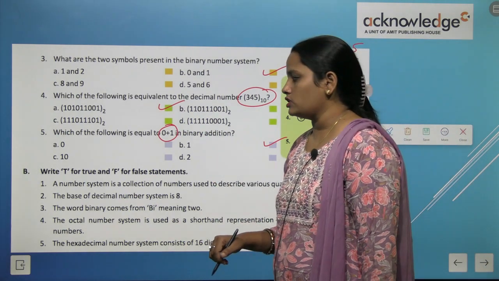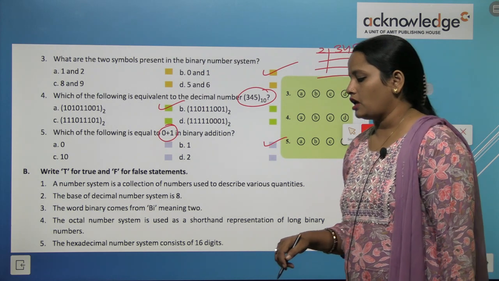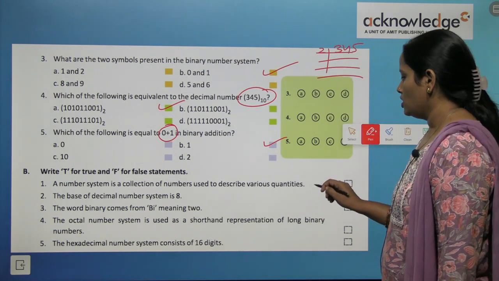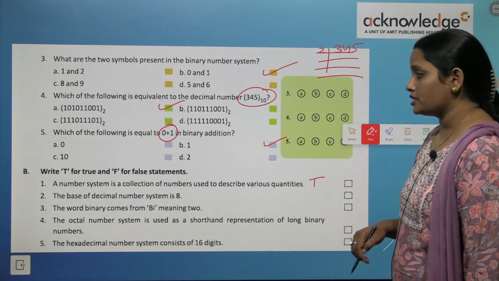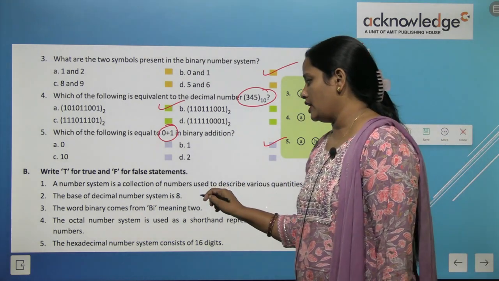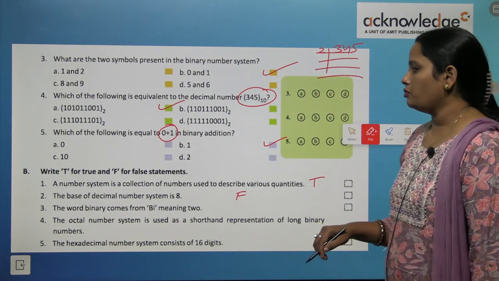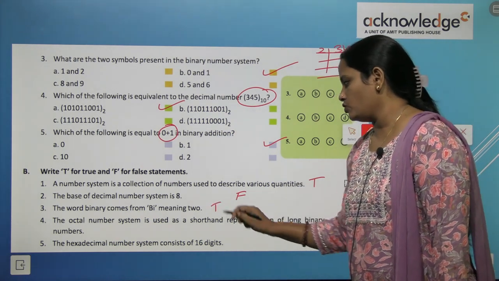Write true or false for the given sentences. A number system is a collection of numbers used to describe various quantities. So yes, the answer is true here. The base of decimal digit system is 8. No, this is false. The word binary comes from the BI meaning 2. Yes, true.